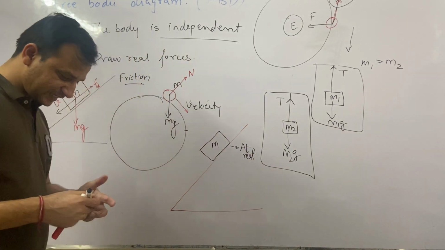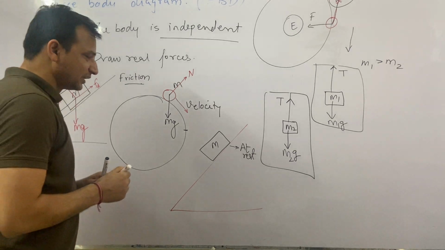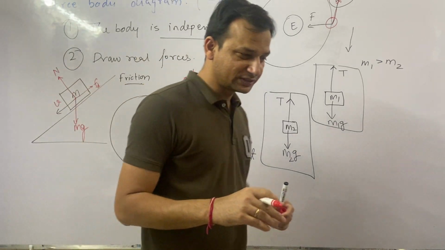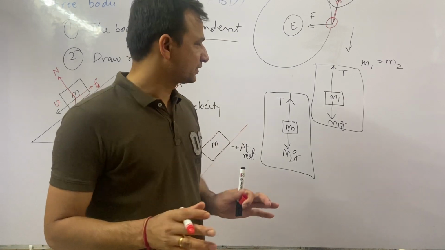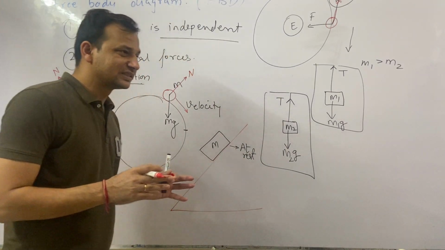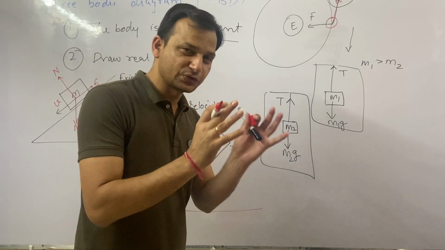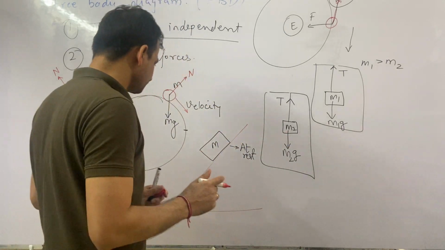When the mass is at rest, still there are three forces to keep the mass at rest. First of all, we have to understand that the net force should be 0.